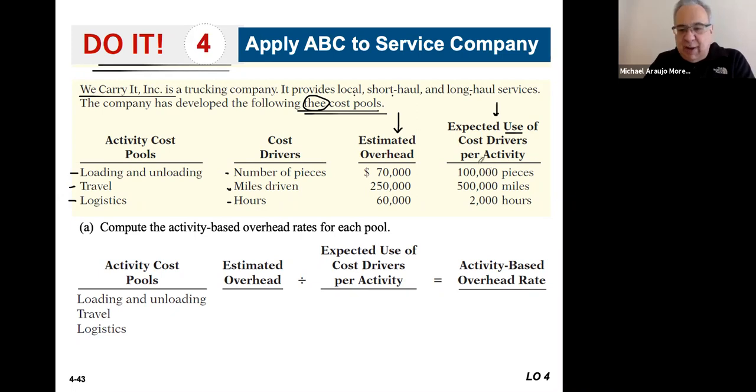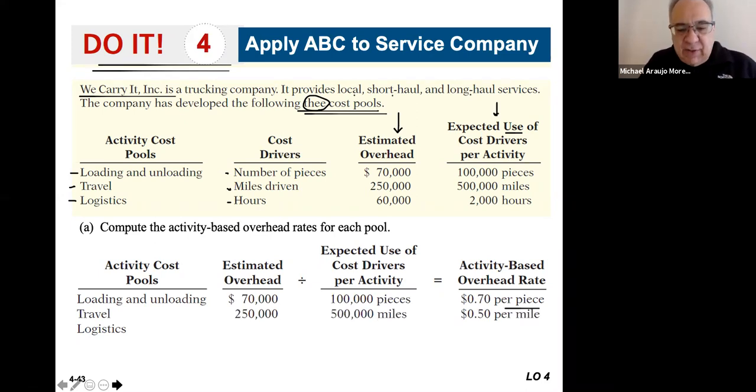So you know what you have to do here, right? We have to calculate. And so what you have here is for loading and unloading, it's 70 cents a piece in overhead. For travel, it's 50 cents per mile in overhead. And for logistics, it's $30 an hour in overhead.